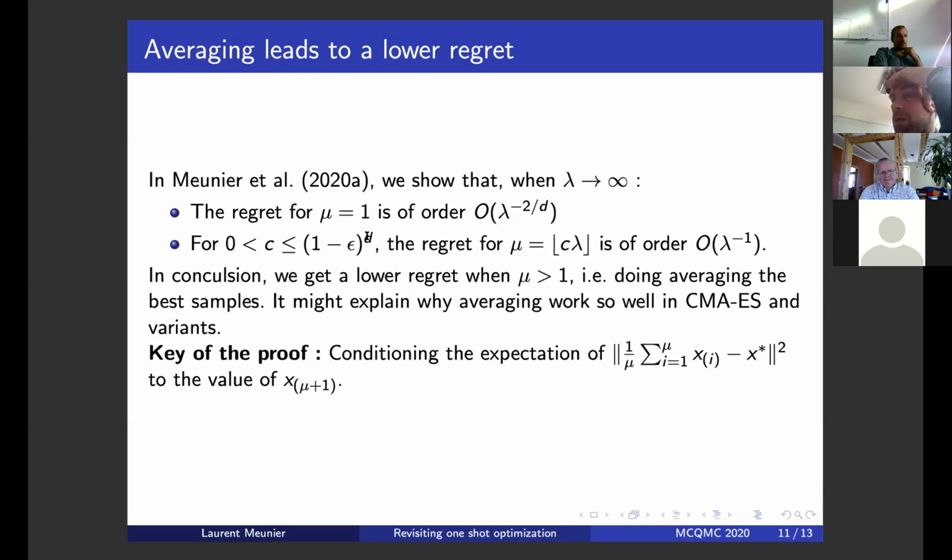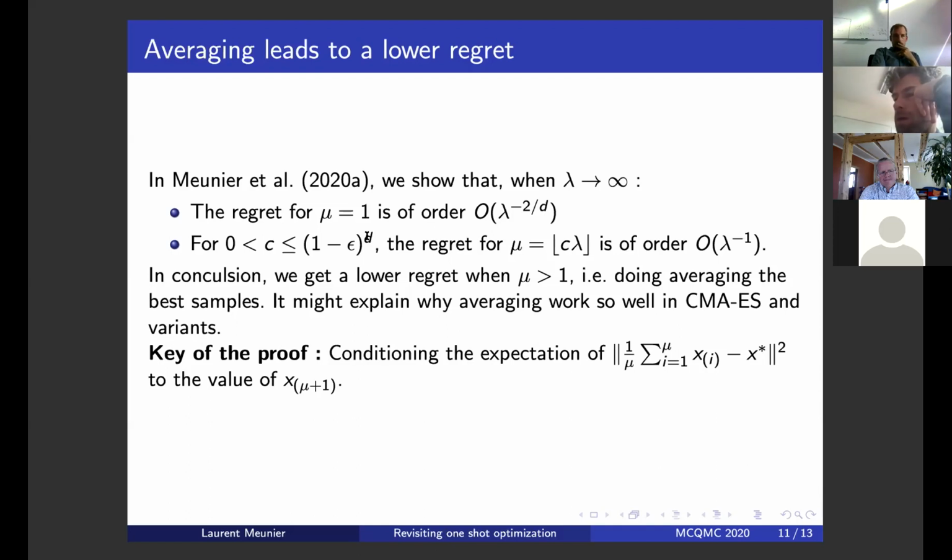So we have to sample a lot of points, but asymptotically the regret is better using this sampling strategy instead of using only mu equals 1.